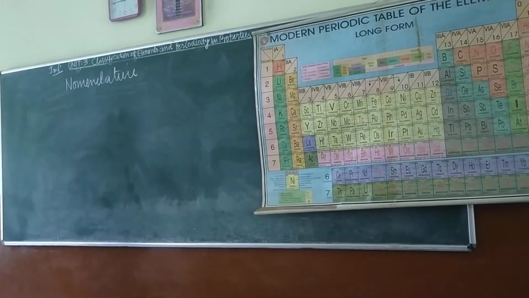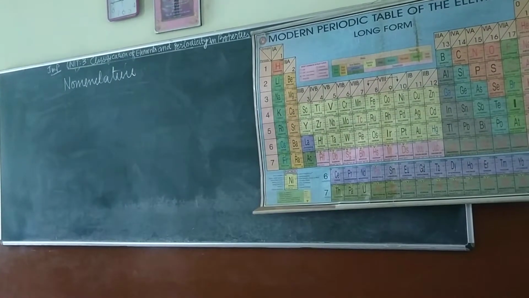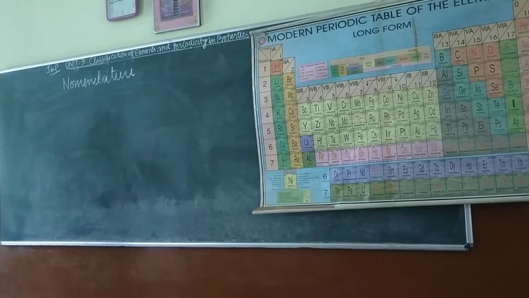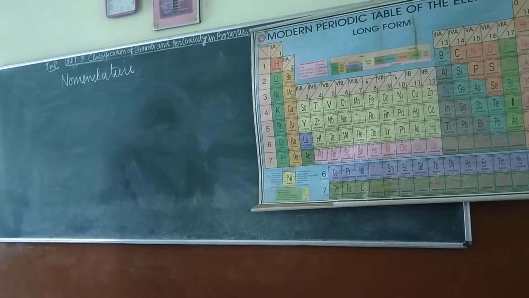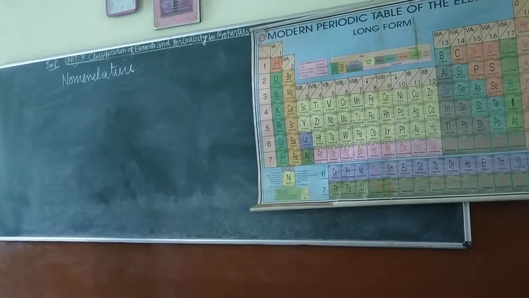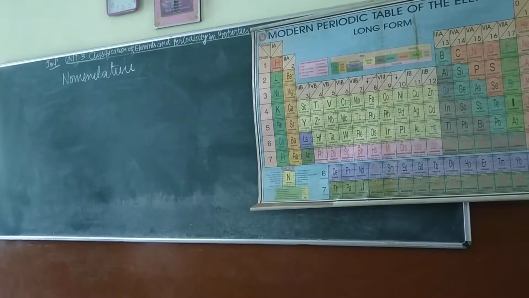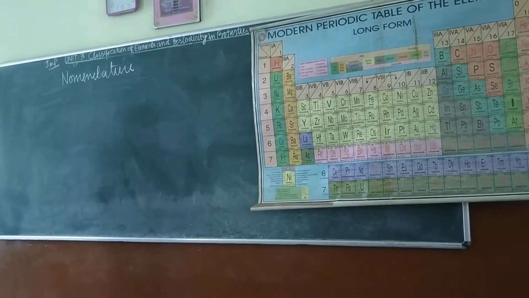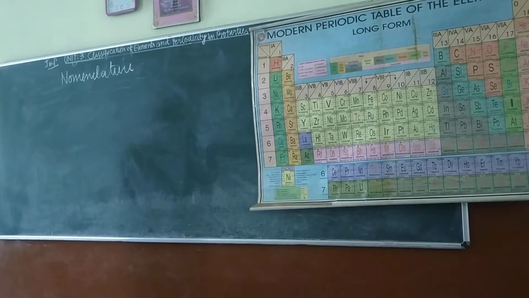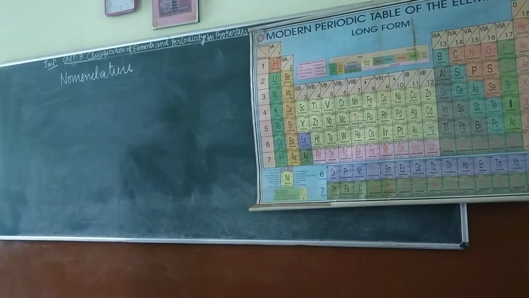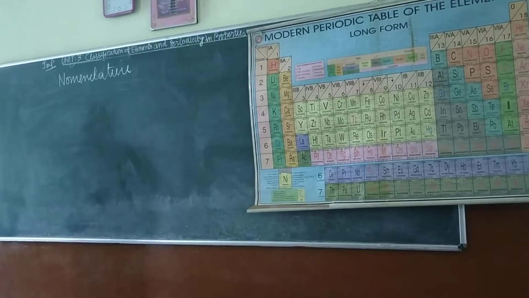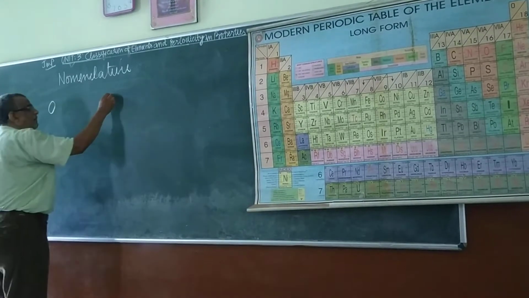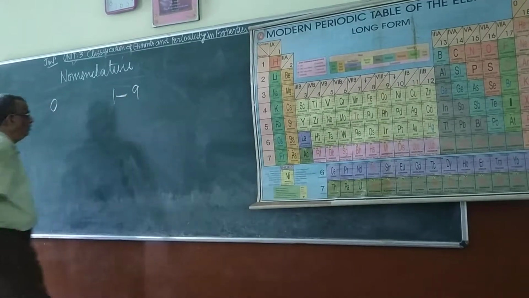The IUPAC has made a recommendation that until a new element discovered is proved and its name is officially recognized, a systematic nomenclature be derived directly from the atomic number of the element using the numerical roots for 0 and numbers 1 to 9.